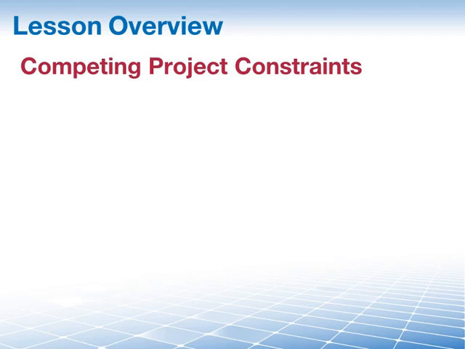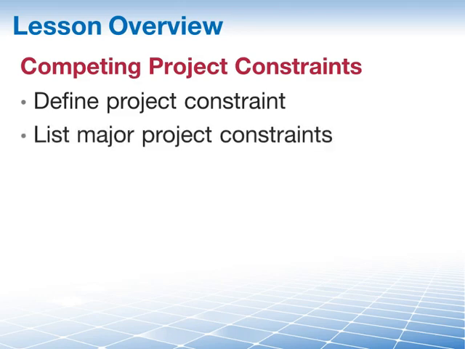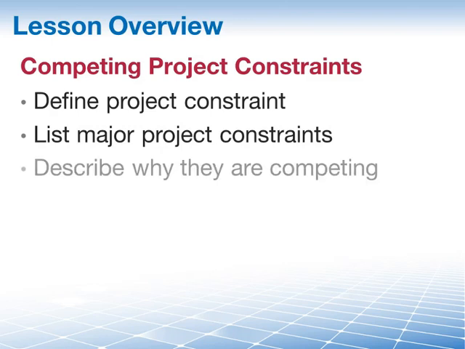The competing project constraints are the main topic of this lesson. As a project manager, the number and type of activities in which you engage to successfully complete the project are often based on the different competing project constraints that exist on any project. So in this lesson we will focus on giving you some crucial competing project constraint information by defining what is meant by a constraint, listing the 6 major project constraints, describing why these constraints compete for project resources.